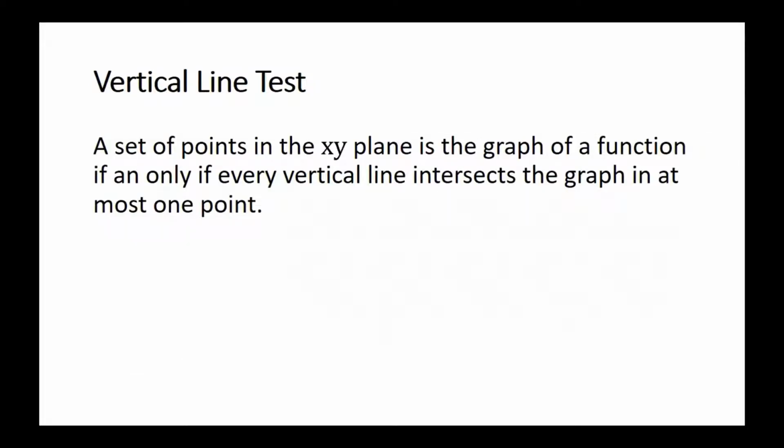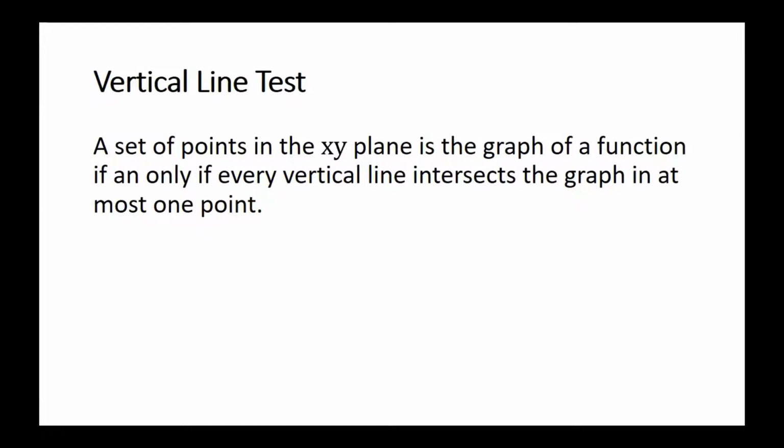Vertical line test: a set of points in the xy plane is the graph of a function if and only if every vertical line intersects the graph in at most one point. Remember we said that functions were special relations where every input had only one output.